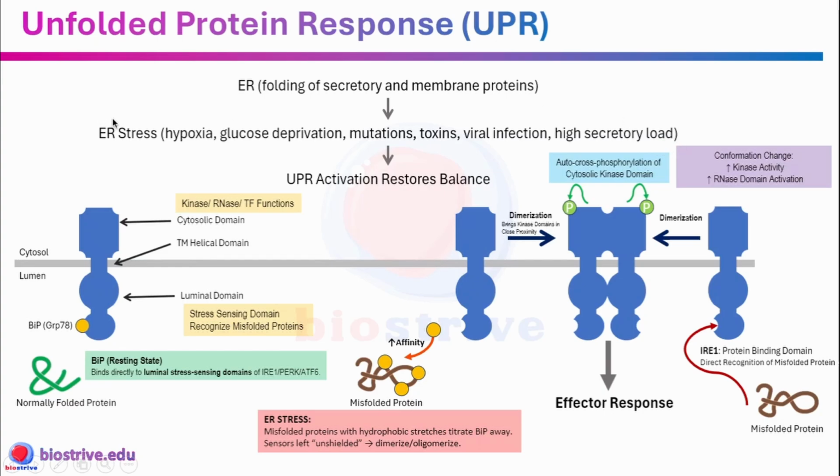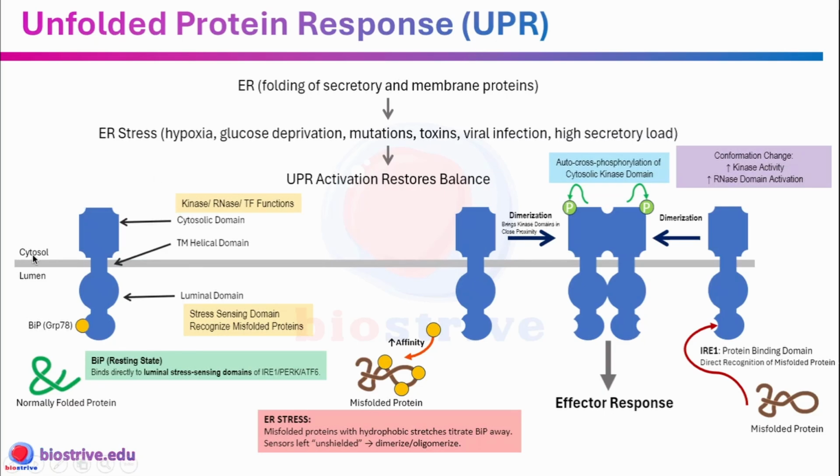In such a case, to relieve the stress or to solve the problem of unfolded or misfolded proteins, the UPR system will be activated, and UPR system activation will ensure the restoration of balance.